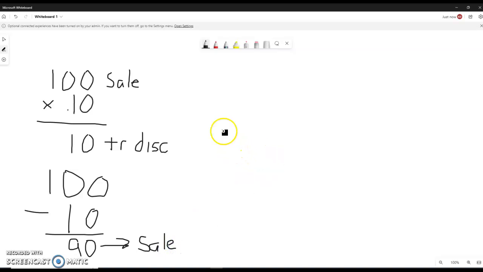Okay, so I would debit accounts receivable for 90, not for 100.